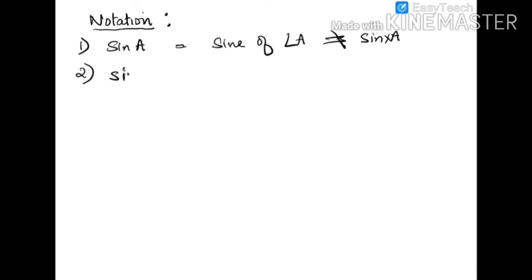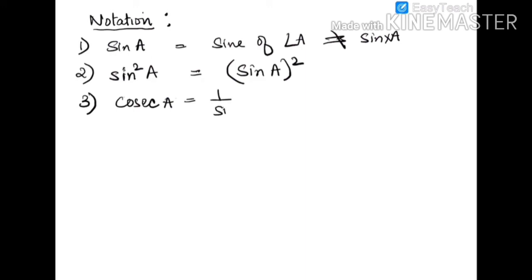Now sin square A is the same as sin A whole square. This means that sin square A is the square of the ratio that is represented by sin A. Also we learned that cosec A is equal to 1 over sin A. So we can write the same thing as sin A to the power minus 1.